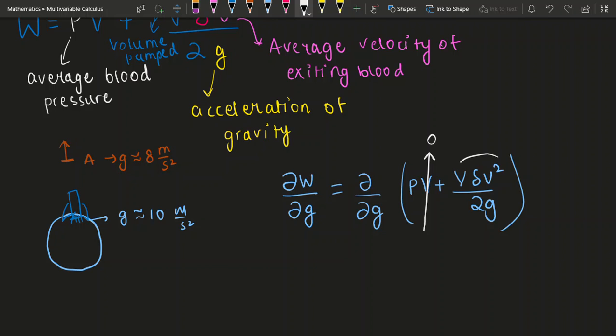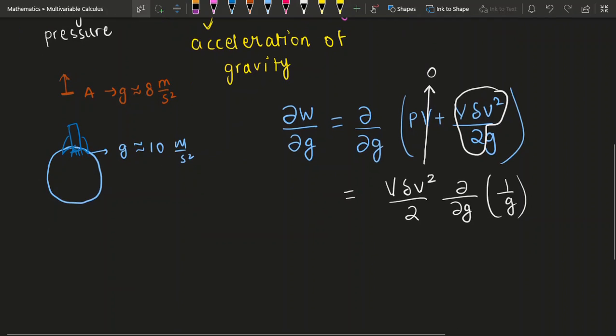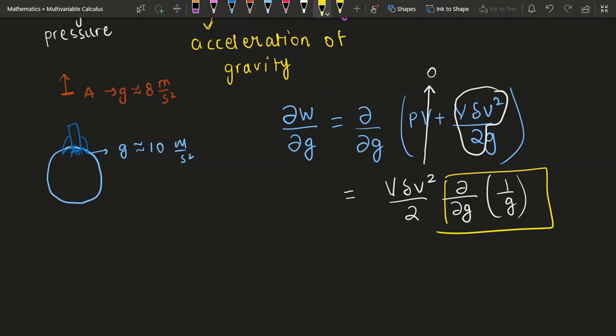In the second part of this expression, this entire blob that I have highlighted in white is also a constant, so you can just write it as it is: V delta V squared over 2, and now you are left with del over del g acting over 1 over g. That is just equivalent to taking the normal single-variable derivative of 1 over g with respect to g, and that we know is minus 1 over g squared.